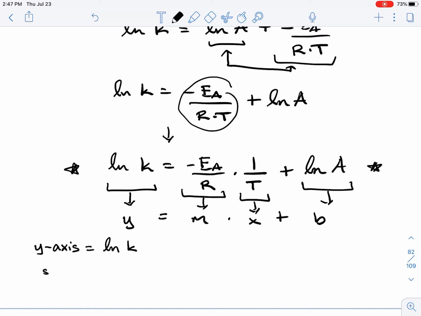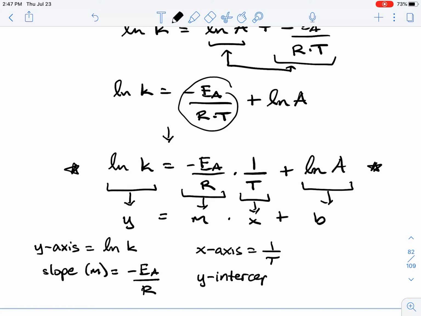The slope, or m, is equal to negative Ea over R. The identity of the x-axis is going to be the reciprocal of temperature. And the y-intercept is going to be the natural log of A.